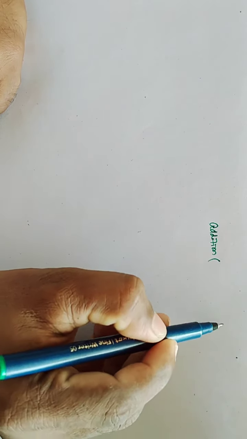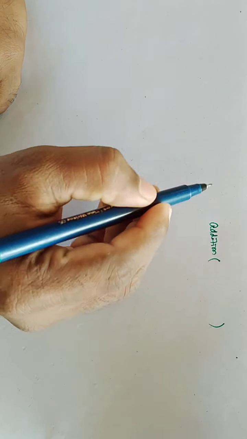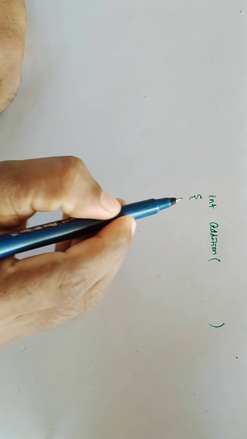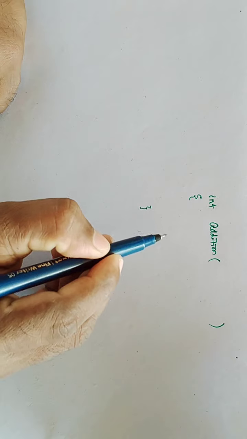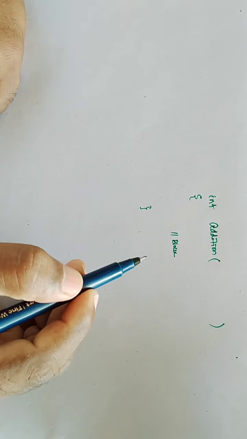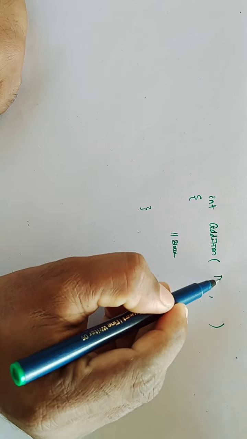By providing parentheses, right? And we know the name of the function. Before that we have to provide some data type, and this is called what? The body of the function, or we can call it the block of the function. In that we will provide parameters, right?